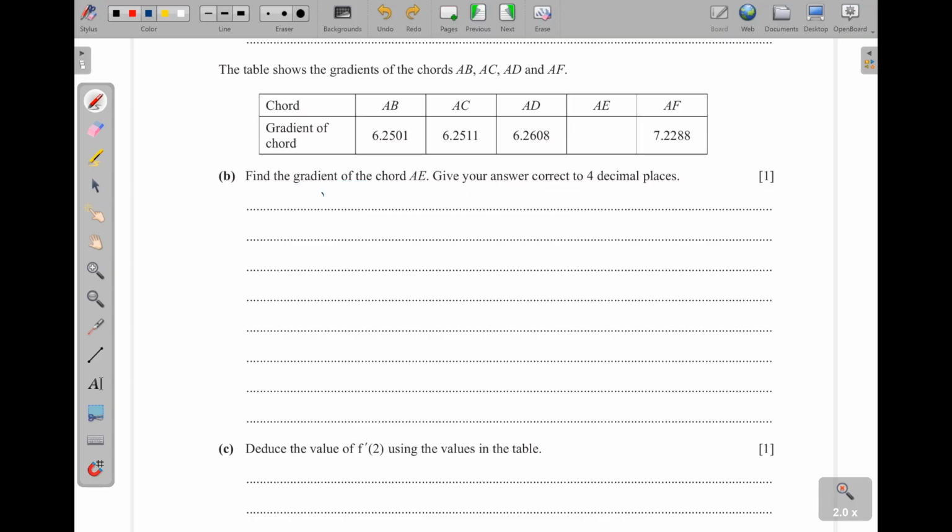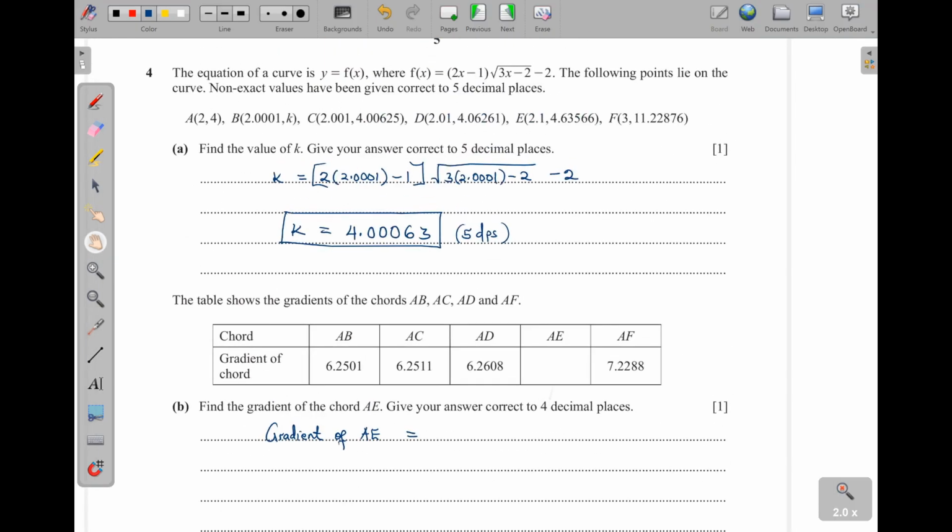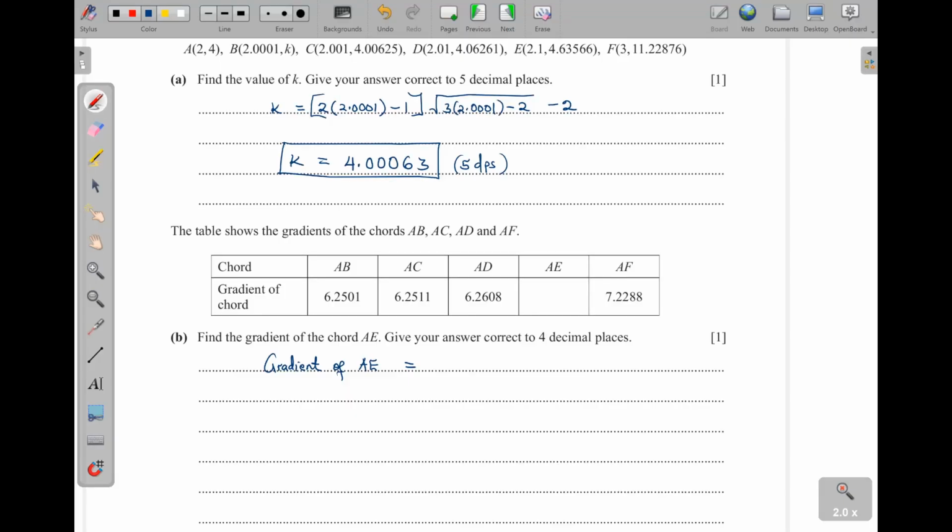Of course, you know that gradient, we get the change in y over the change in x. Okay. Gradient of AE. We need to get those coordinates, the change in y. Let's look at A. We are looking at this one here, then the 4, and then here. So we shall have the y coordinates 4.63566 minus 4.